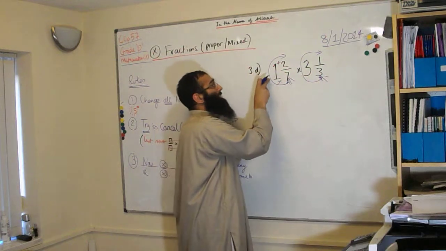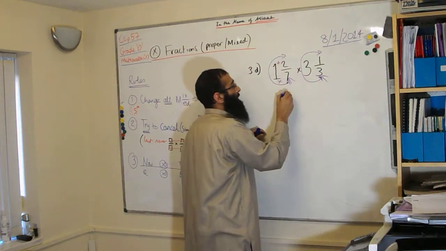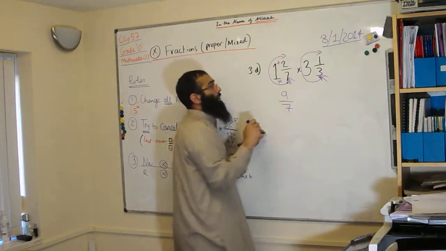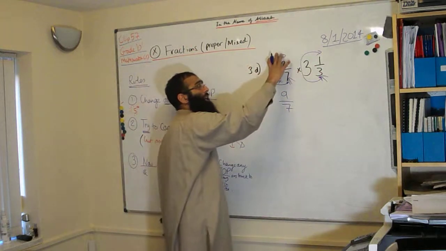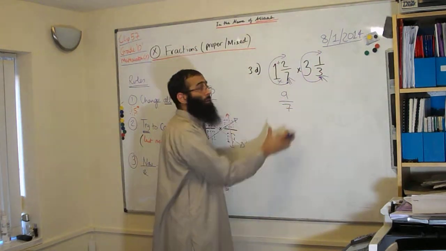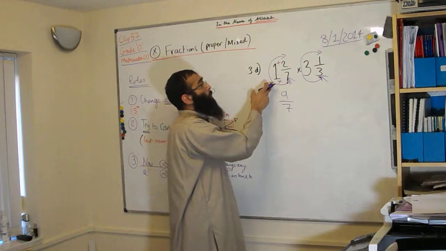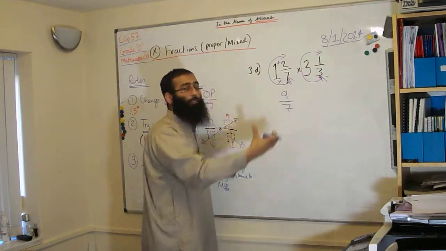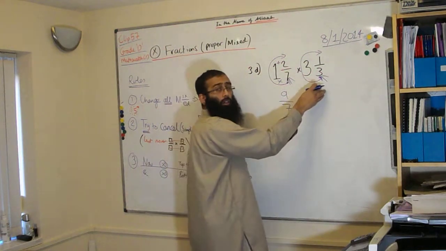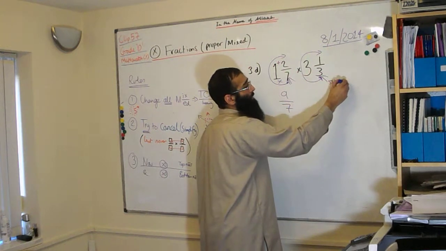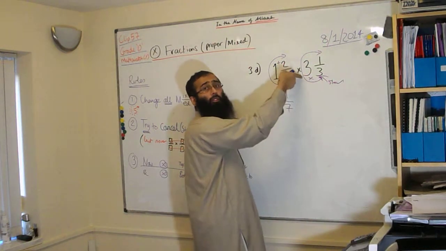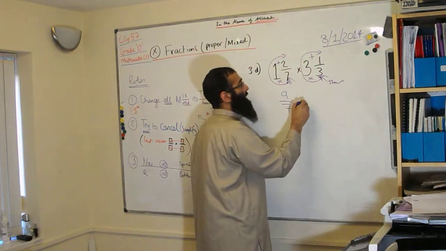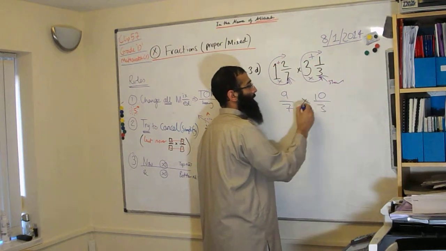So 7 times by 1 is 7, 7 add the 2 will give us 9/7. That's changing a mixed fraction into top heavy. So what we're saying in effect is in 1 and 2/7 we have 9/7 altogether. Let's start the next one, start over here. 3 times by 3 is 9, then we add the 1, that will give us 10/3.